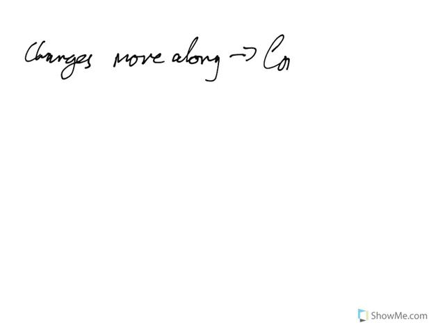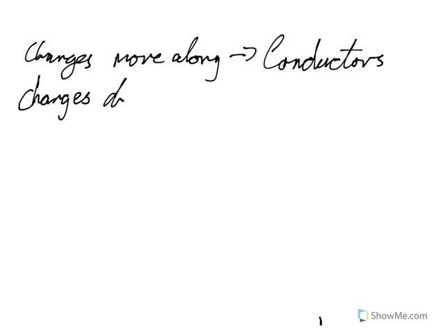Alright, so there's two types of substances, if you like, and so ones where charges can move along, second last dot point there, they move along conductors, and charges that don't move along, they're insulators.